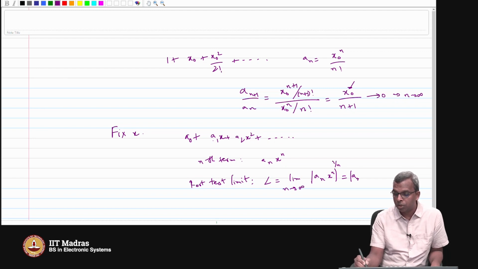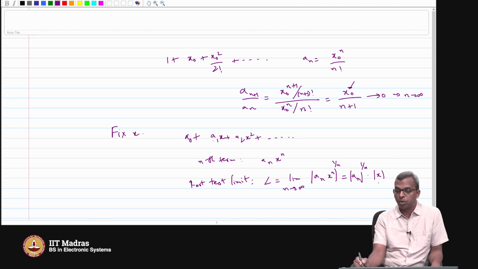This is the absolute value of a n raised to the power 1 by n times the absolute value of x to the power n times 1 by n, and that's just 1. So it just becomes the absolute value of x.